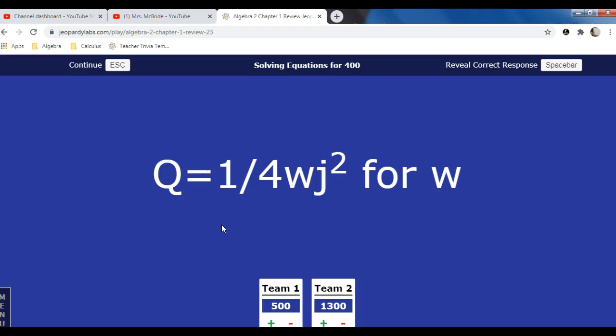Multiply by the reciprocal, which is 4/1. You can't leave your answer as a fraction in a fraction. You can't have Q divided by 1/4. What happened to your J squared and your 4?